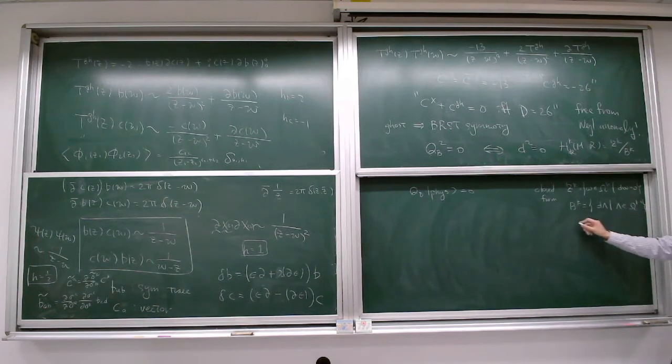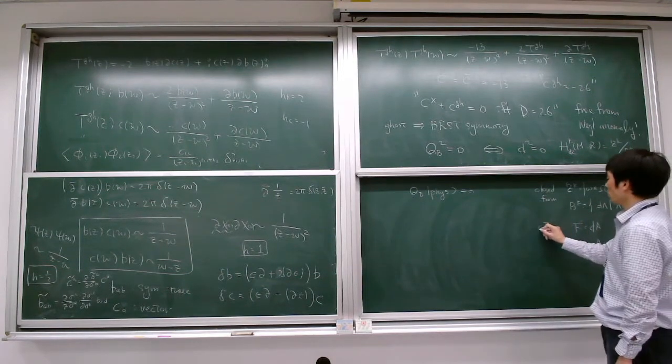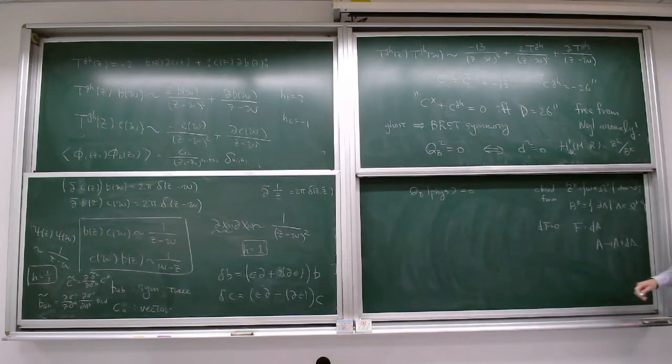So it's the same. If you have F equals dA, but there's a gauge symmetry, A can always be shifted to A plus d lambda, right? So F is always a closed form. But there is a gauge redundancy, d lambda is an exact form. Okay?